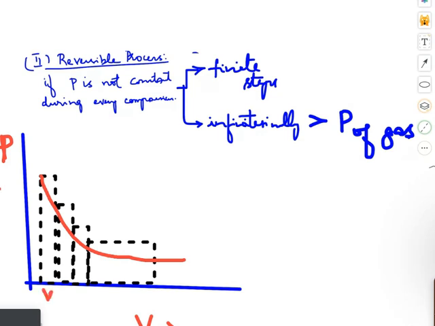What about temperature, sir? Temperature has to be constant.